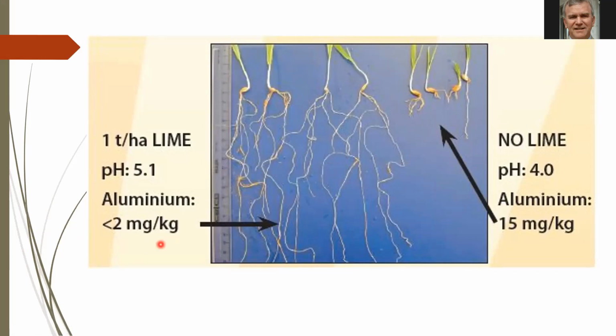In the case of the lower pH, aluminum was at 15 milligrams per kg. You can see the difference in the plant response. Aluminum is toxic to the plant. And that's the purpose of this illustration. It is an illustration of the points that I was making to you about the toxicity of aluminum, the danger of aluminum toxicity, the mismanagement of pH in an agricultural setting with regard to plant performance, but it's also closely related to animal performance and animal health. Next slide.